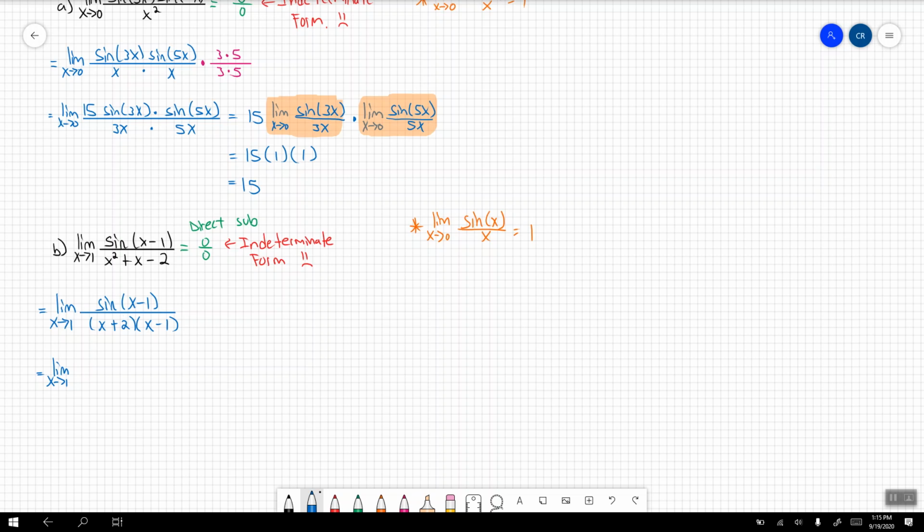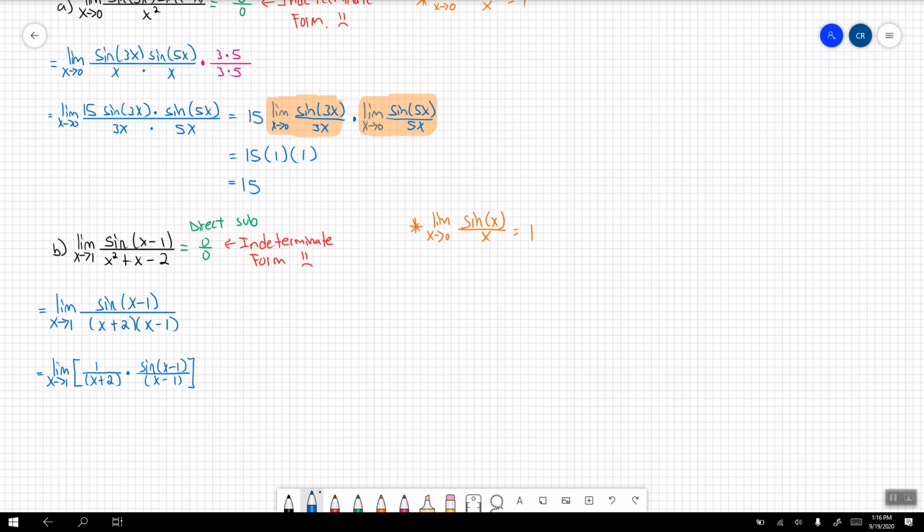Since I have a product of functions here, what I want to do is this: 1 over the quantity of x plus 2 multiplied by sine of x minus 1 divided by the quantity of x minus 1. And if we do this, now we can distribute that limit for these functions.